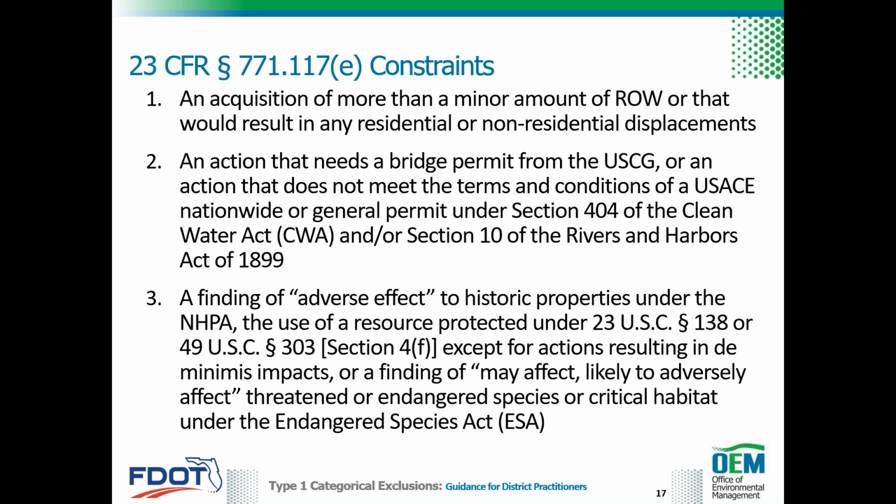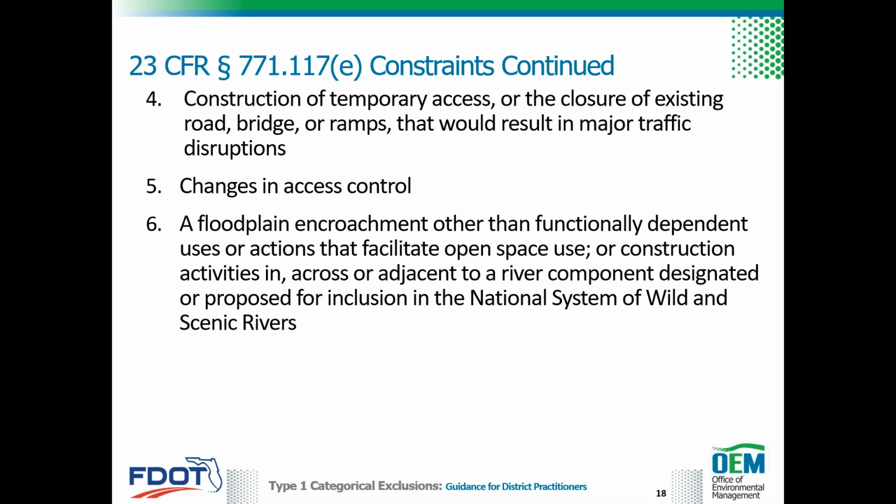There's a finding of adverse effect to historic properties under the National Historic Preservation Act, the use of a Section 4 protected resource, except for actions resulting in de minimis impacts, or also a finding of may affect likely to adversely affect for a threatened or endangered species or critical habitat under the Endangered Species Act. Other considerations include the construction of temporary access or the closure of existing road, bridge, or ramps that would result in major traffic disruptions.